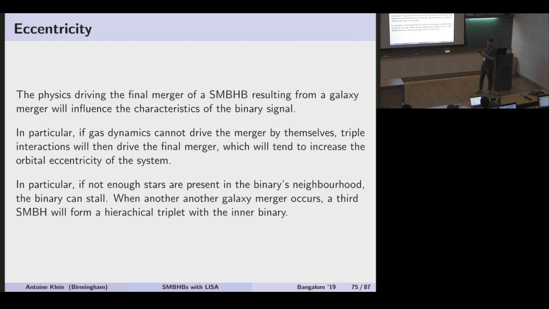So when this happens, you form a triple system, and with these triple systems, you have different mechanisms that can lead to very, very high eccentricities. If you have chaotic triple interactions, you can eject one of the black holes, and the two black holes that you're left with will be much closer together and very, very eccentric. So in this scenario, you create a very high eccentricity, and you harden your binary enough for it to merge.